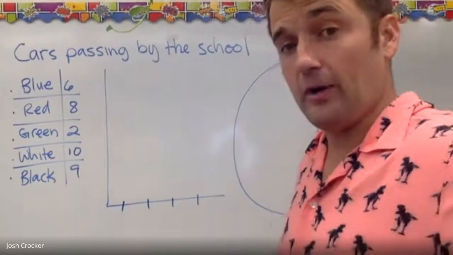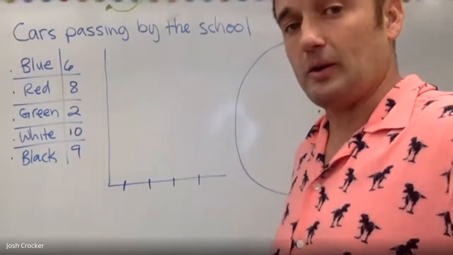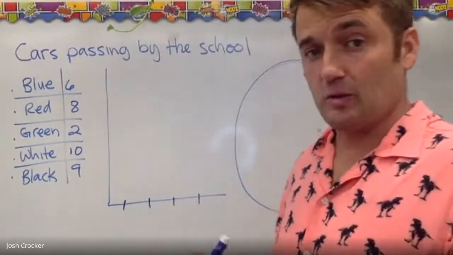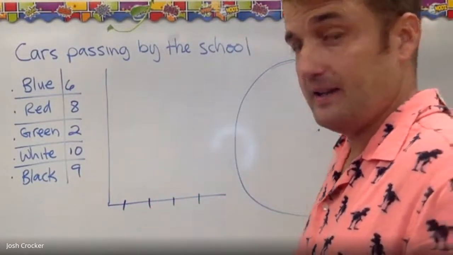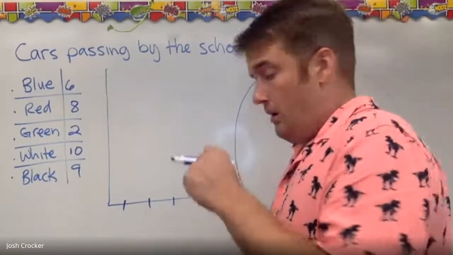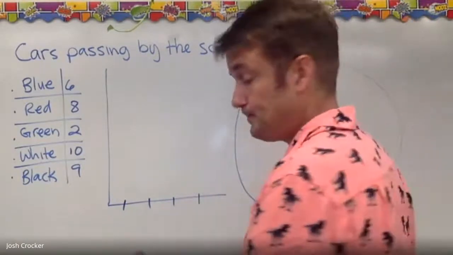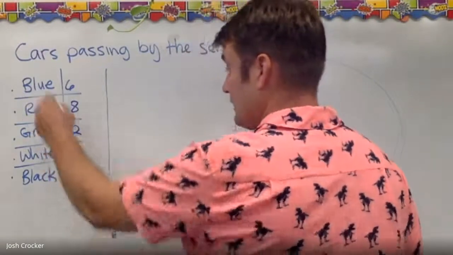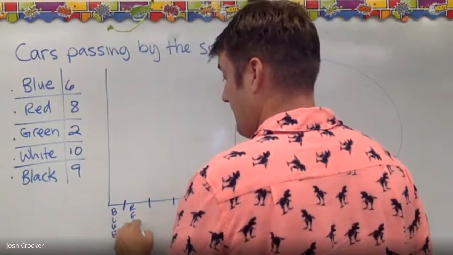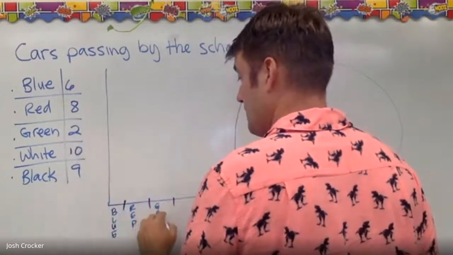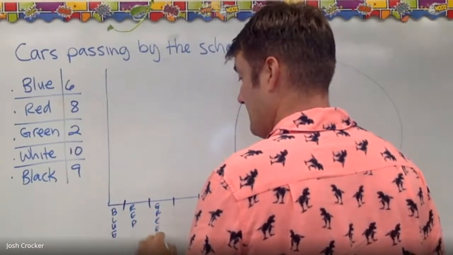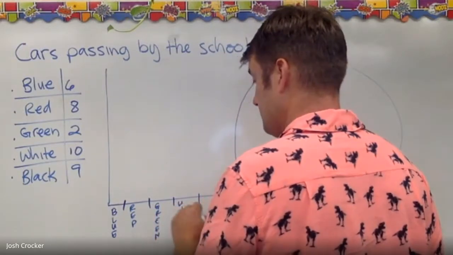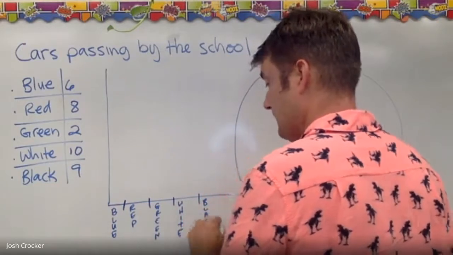So first, the bar graph. Bar graphs are good for comparing numbers. How much more, which is the most? It gives you a real easy way to see that. I'm going to start by putting my different colors at the bottom of my graph here.